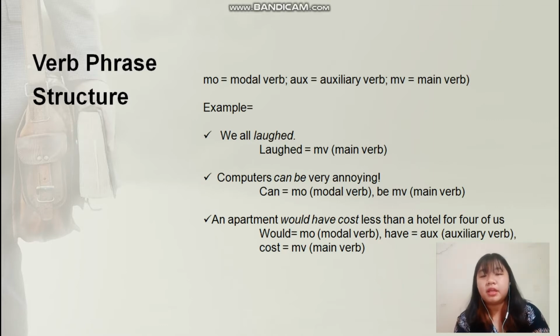And the third is an apartment would have cost less than a hotel for 4 of us. So would is modal verb, have is auxiliary verb, and cost is main verb. So when we combine the modal verb, auxiliary verb, and main verb, it becomes a verb phrase.